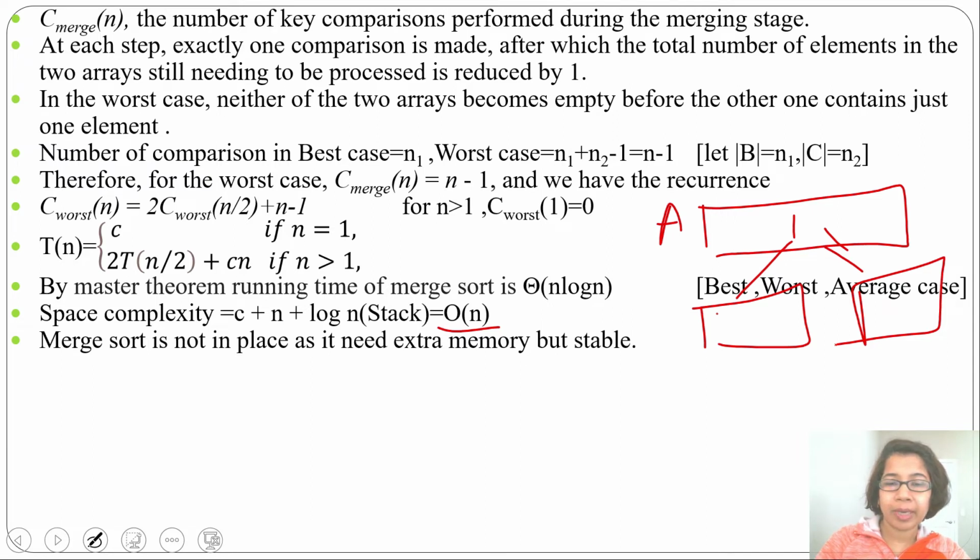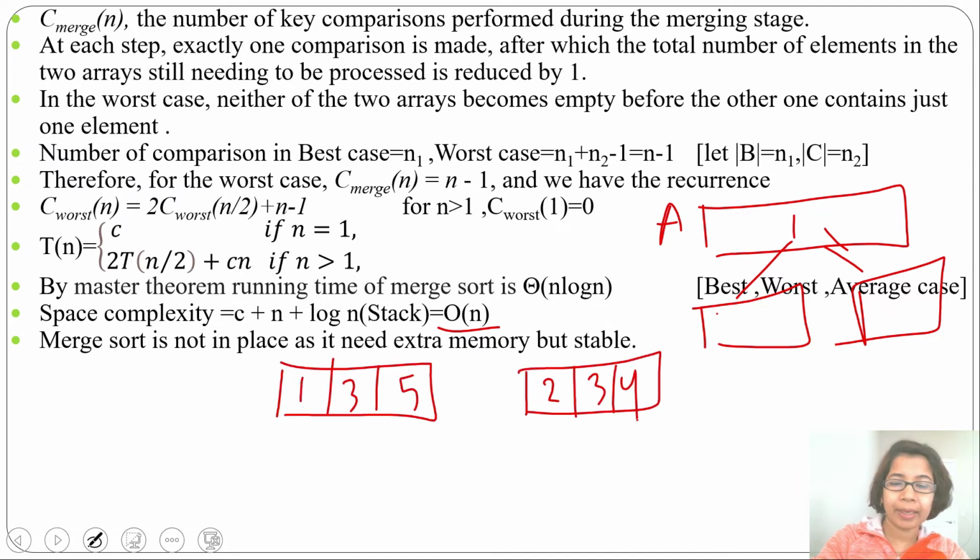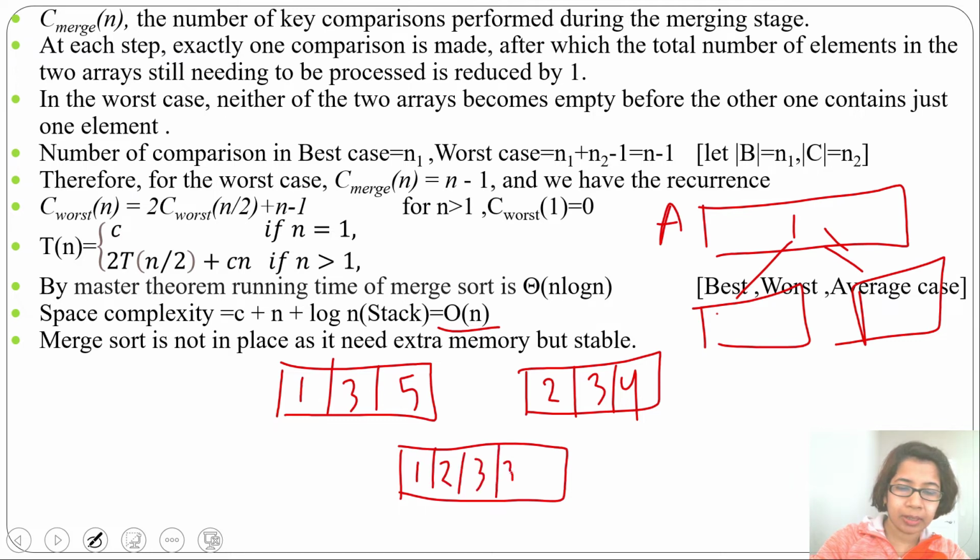That's why it is not in place as it requires extra memory, but it is stable. Stable means in which sequence it is given, we'll get the answer in the same way. After merging, we'll get 1, 2, 3, 3, 4, 5. So we'll get first this 3, then we'll get this second 3.